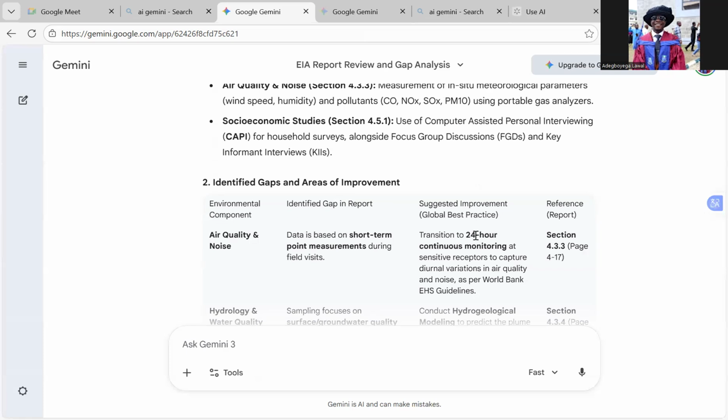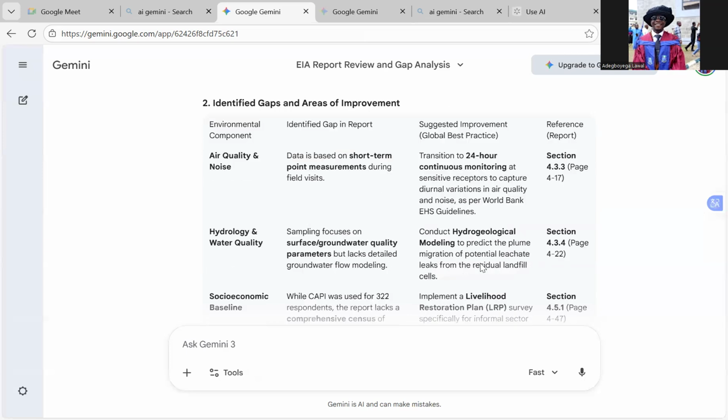It was said that 24-hour continuous monitoring is important, although that could have been part of the TOR. But since we don't have that in the TOR, asking them to go back to the field for 24-hour monitoring might be too much. But this will be for our learning.